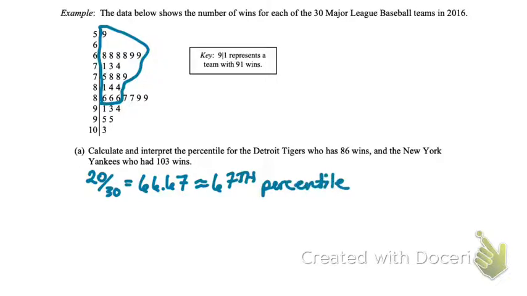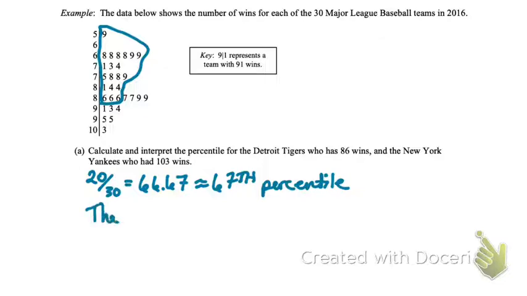So what does that mean about the Detroit Tigers? They won more than or equal to... Yeah, that was a weird sentence. They had a number of wins that was more than or equal to 67% of the teams.